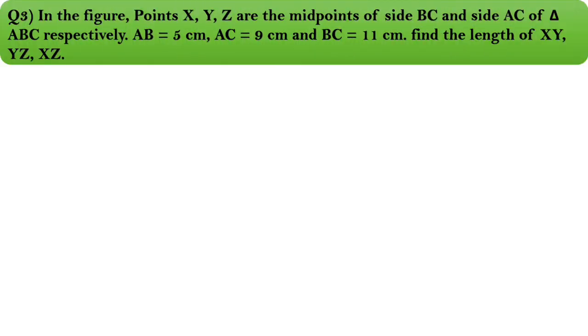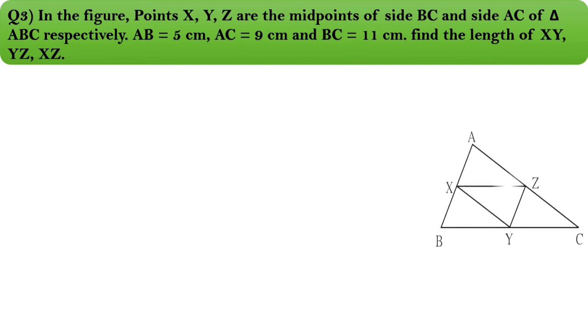Question number 3. In the figure, points X, Y, Z are the midpoints of sides AB, BC and AC of triangle ABC respectively. AB is given 5 cm, AC is given 9 cm, BC is given 11 cm. Find the length of XY, YZ and XZ.